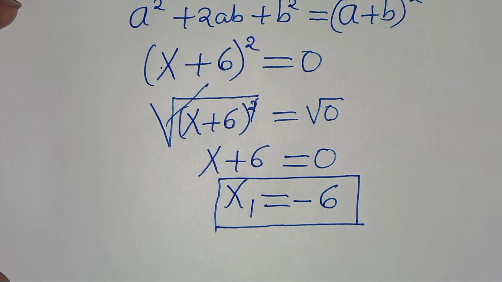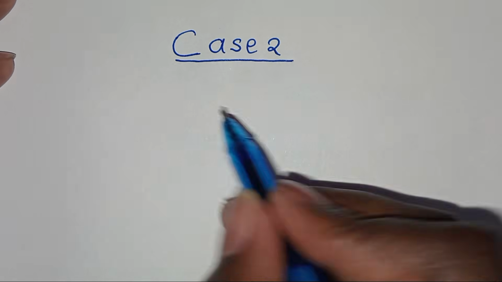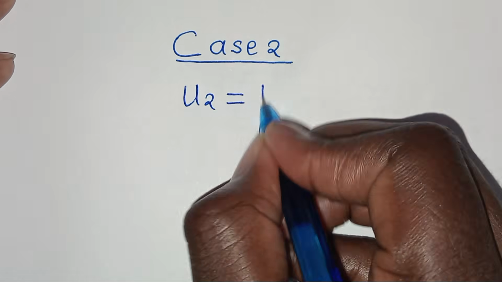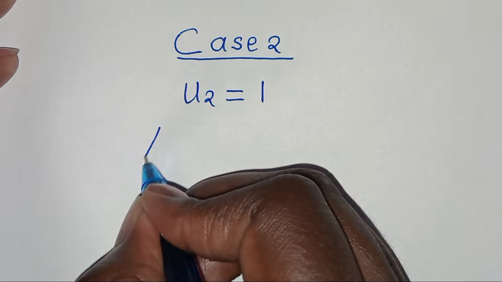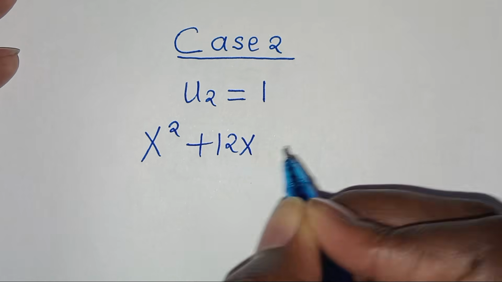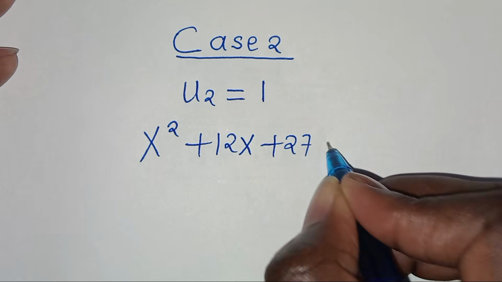Now let's proceed to case 2. Now in case 2 we have u2 is equal to 1. And again we have x to the power of 2 plus 12x plus 27 equal to u.